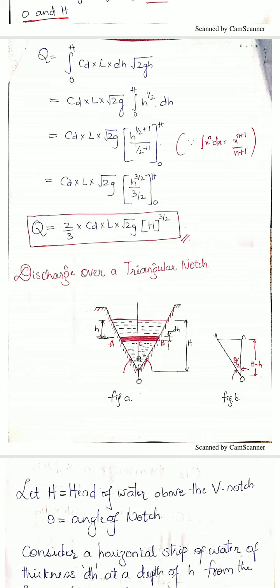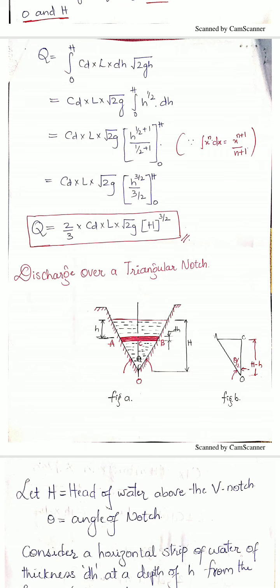Taking the constant terms out, that is CD into L into square root of 2g, integration of h to the power 1 by 2 into dh. We know the fundamental integral formula, integration of x to the power n into dx equals x to the power n plus 1 divided by n plus 1.